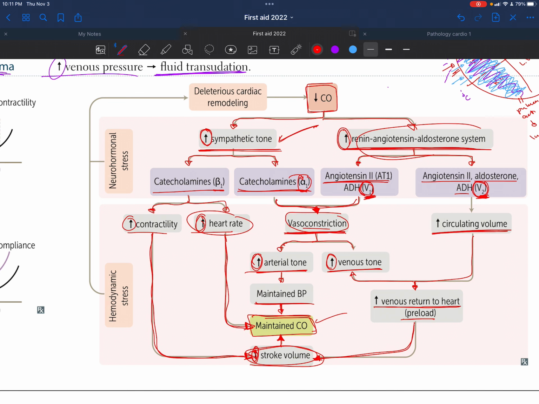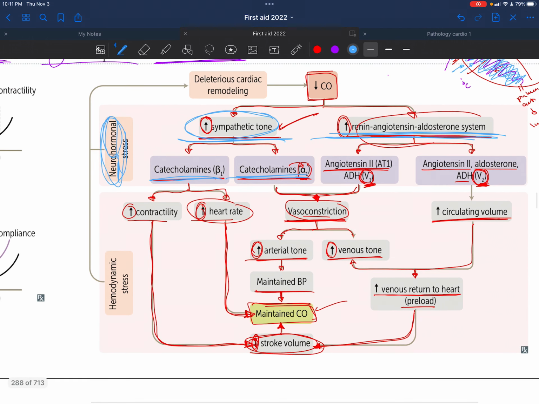The very first thing that was activated is neurohormonal stress. The neuro part is this increase in sympathetic tone, which affected the neural system, while the hormonal stress has affected the renin-angiotensin-aldosterone system. So this is neurohumoral: this is a neuro stress, and this is a humoral stress.